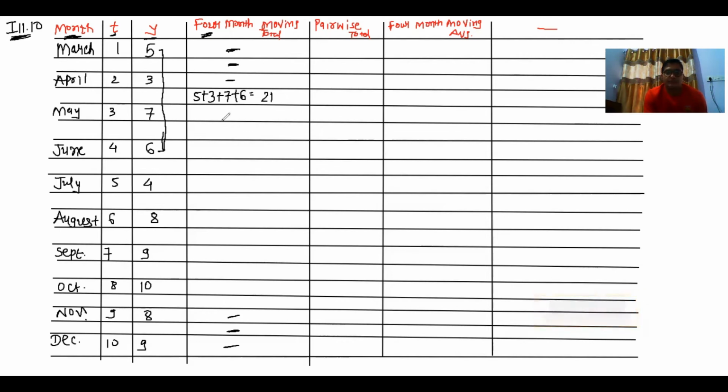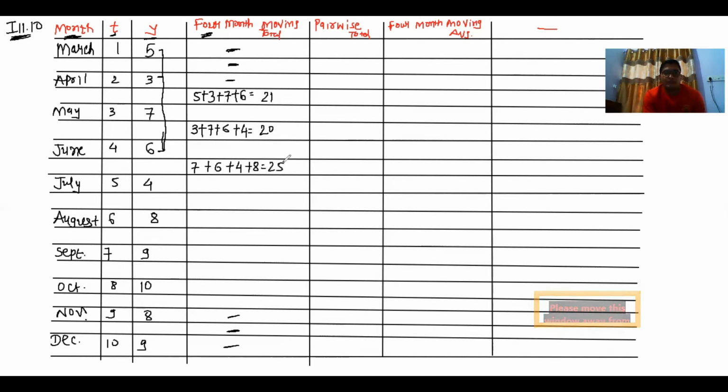Then put a space. Next, now we are starting with 3. 3 plus 7 plus 6 plus 4. Answer is 20. Then after, it starts from 7. 7 plus 6 plus 4 plus 8.